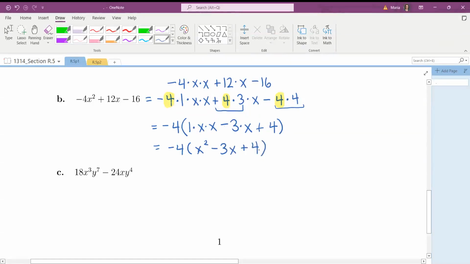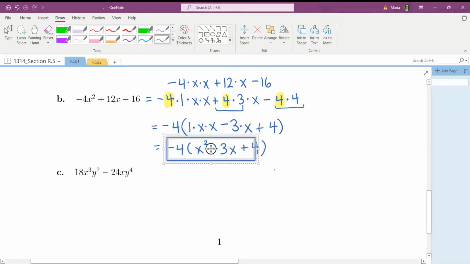Now, like I said, we are supposed to factor completely, so our next step should be looking at this thing in parentheses and seeing if it factors. But like I said, we are starting out slow. Our goal of example 1 is to see if we can just factor out a common factor. So we will investigate in a future video how we would factor something like x squared minus 3x plus 4. But we'll go ahead and stop here for this particular example.